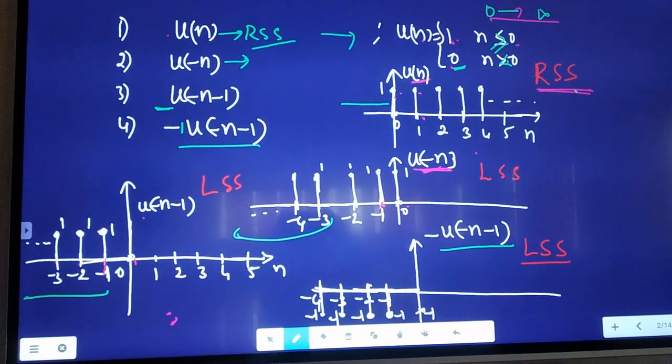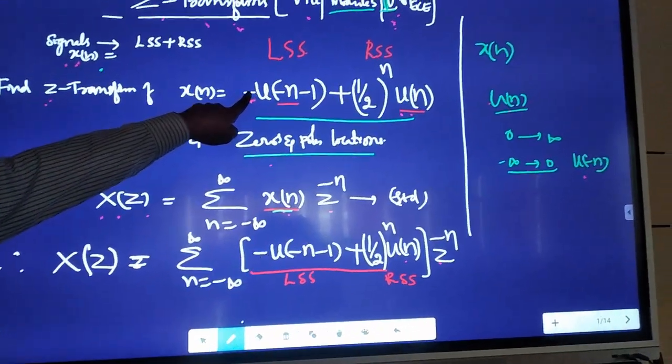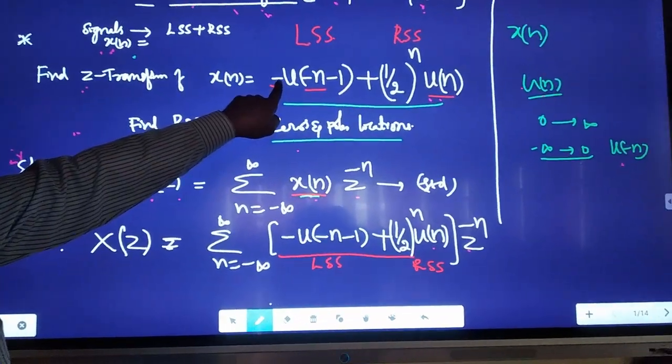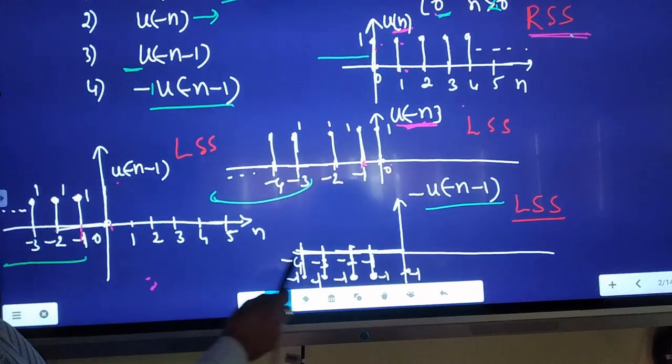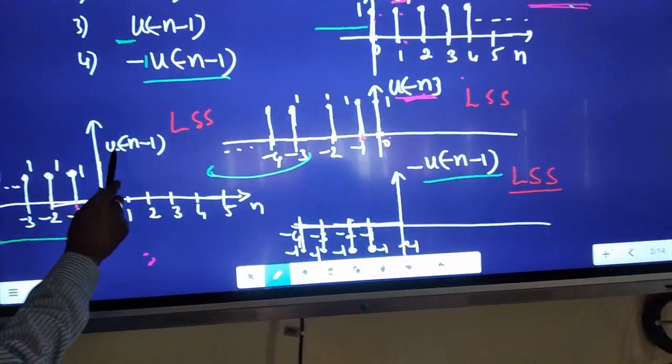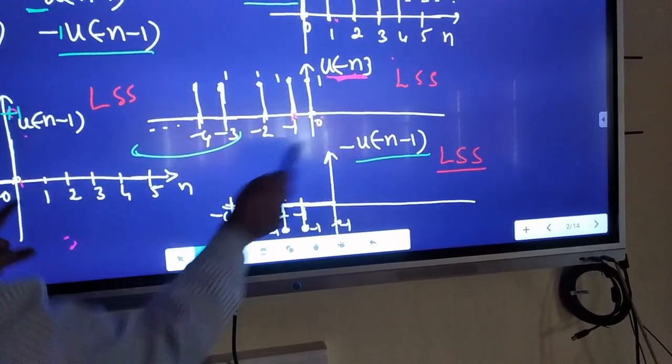Right? But actually this is also not required in my problem. What he is asking is amplitude of minus 1. Therefore, the amplitude is not plus 1, he is asking for minus 1.